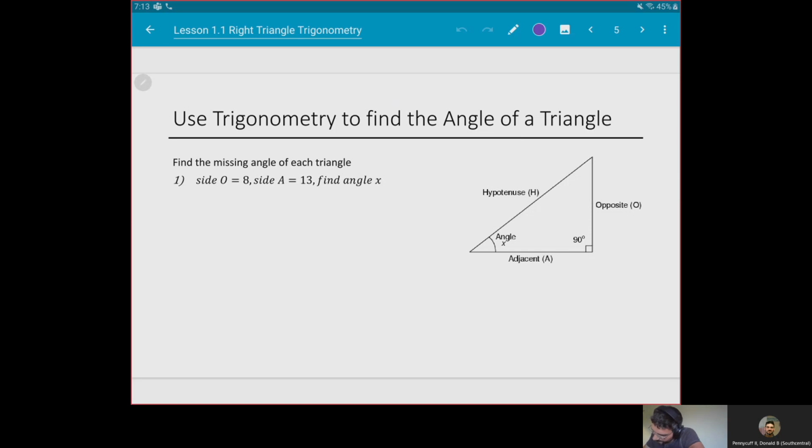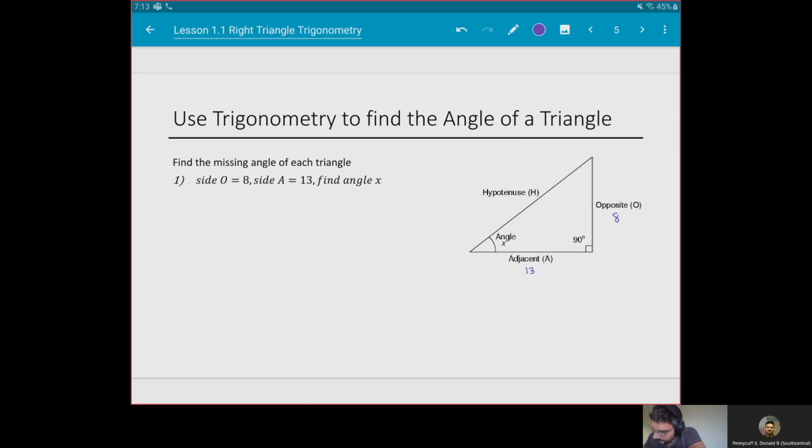All right, so I know that A is 13, and I know that O is 8, and this is probably the most common one, where you know the two sides. Knowing a hypotenuse is not easy in real life, and knowing the angle is not easy in real life, but knowing the two sides is actually the most common thing to be able to find.